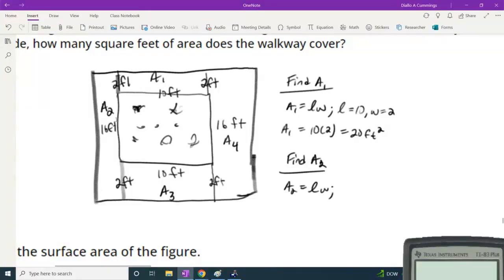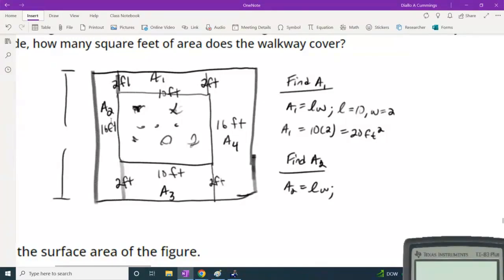I know that the width is going to be 2 feet, right? But what is the length? 20 feet, right? Because I have to take 16 plus this 2 feet plus this 2 feet.